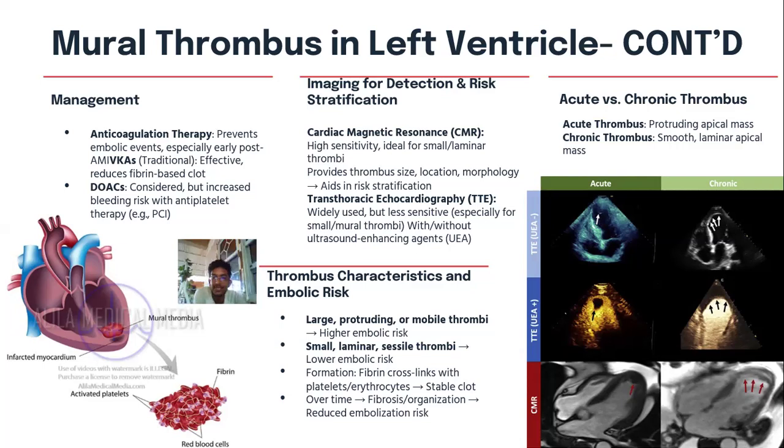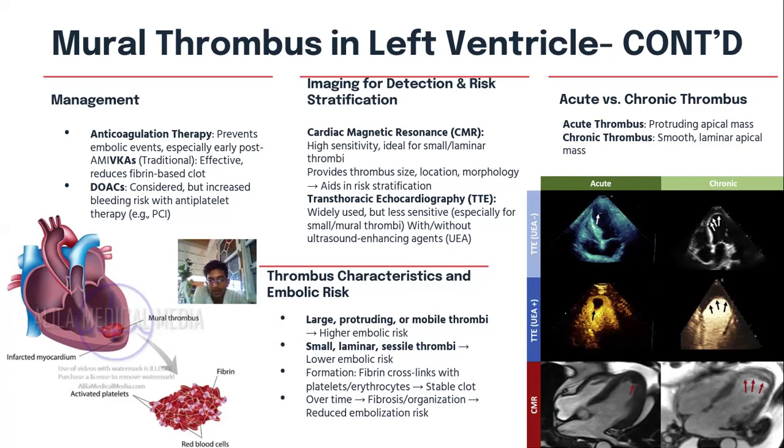Next up is imaging and detection for risk stratification. That's center of the slide. So cardiac magnetic resonance, CMR, imaging is currently the most sensitive tool for detecting left ventricular thrombus, particularly for small laminar thrombi that may be missed on transthoracic echocardiography (TTE).